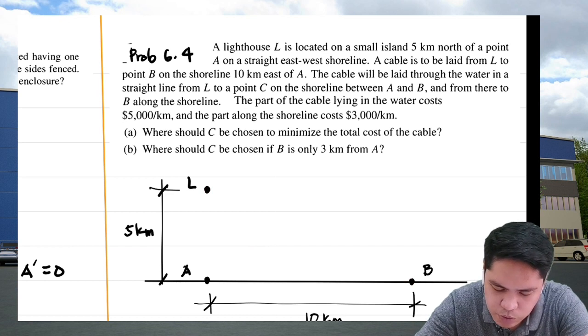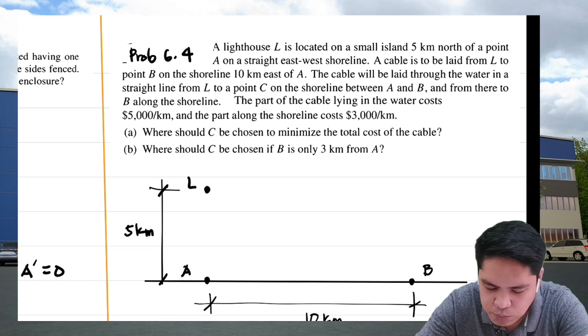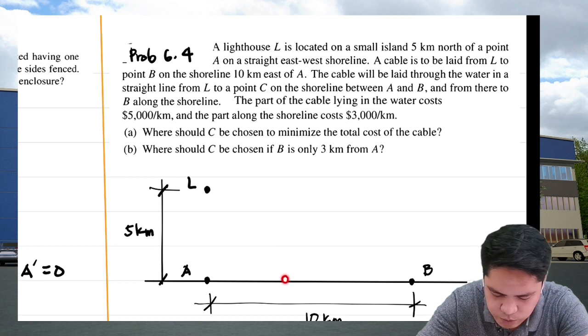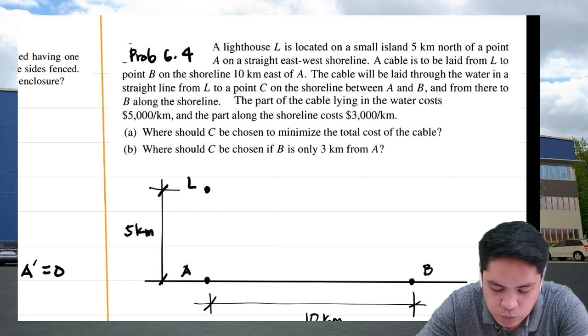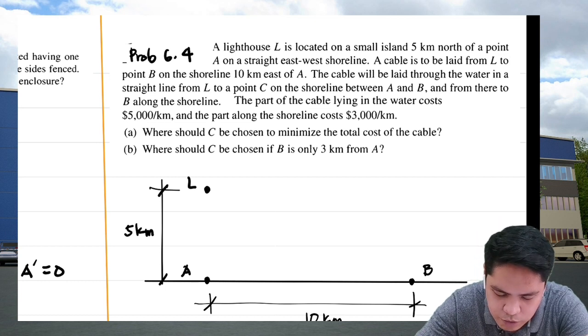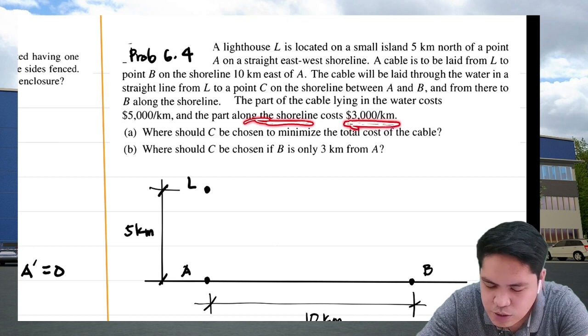Okay? The cable will be laid through the water in a straight line from L to a point C on the shoreline between A and B, and from there to B along the shoreline. So ayun na. So from point C along the shoreline na. So the part of the cable lying in the water costs $5,000 per kilometer, and the part along the shoreline costs $3,000 per kilometer.